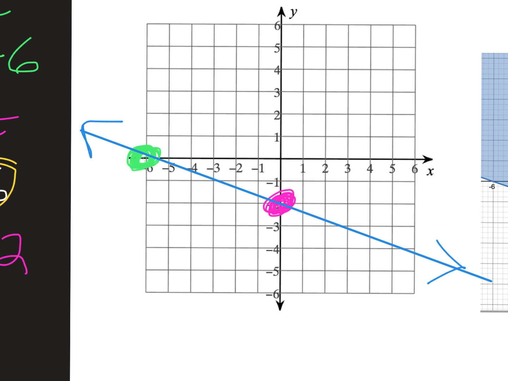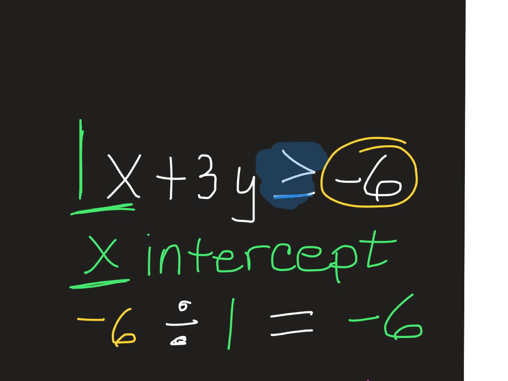And when we're graphing inequalities, we have to make a decision to either shade above the line or below the line. In this case, I need to go back and look at my inequality. My inequality symbol is a greater than symbol. And where do you think of numbers that are greater?